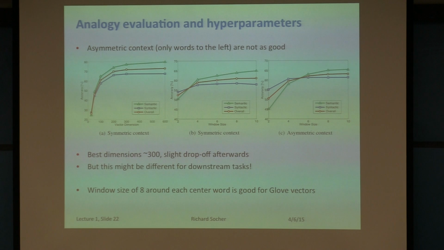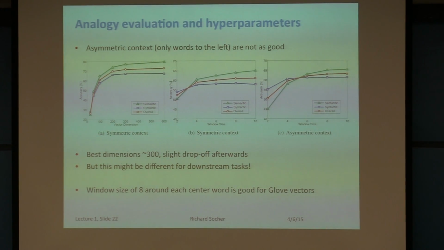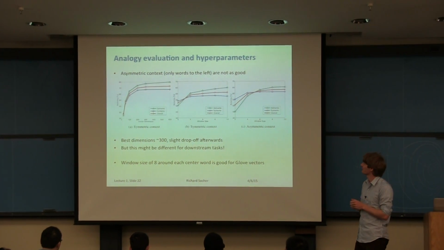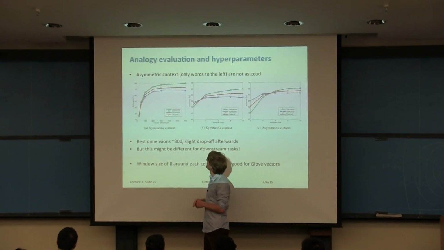So in order to understand this evaluation a little better and also give you an idea of how important it is to tune your hyperparameters and gain intuition for them, here are some plots from the original glove vector paper that basically analyze various decision points that you can make when you implement your word vectors. So the first one here is the vector dimensionality.